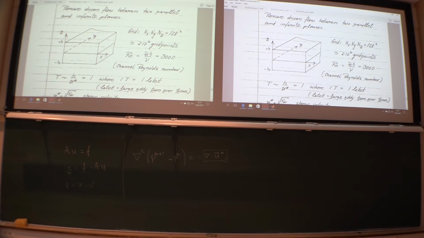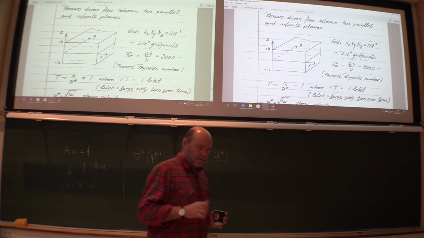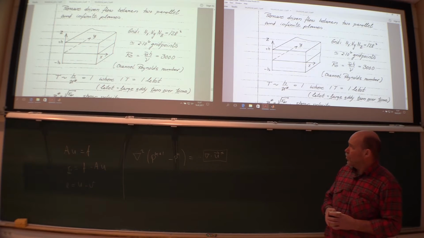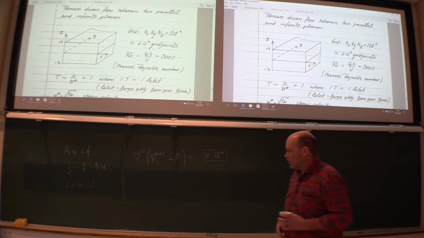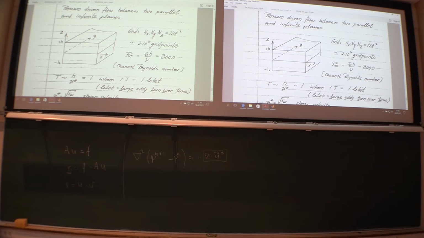Furthermore, you also need time steps, delta t, down to the smallest turbulent time scale. And that delta t is very, very small indeed. So for this very simple problem, you're going to need many, many hours on a supercomputer.